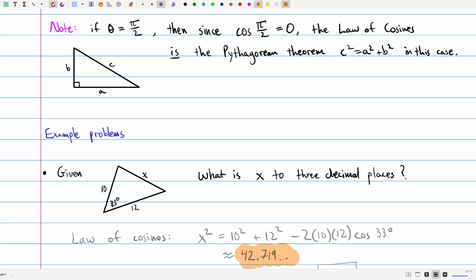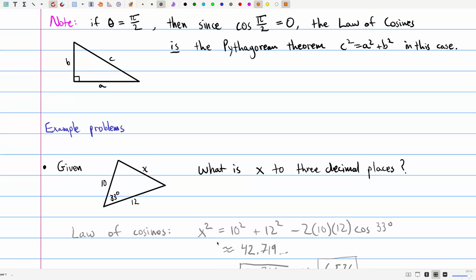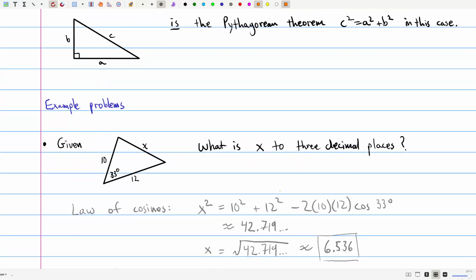It turns out that if you have a 33-degree angle with 10 and 12 as the two side lengths, then the opposite side squared, remember it's still squared, has a length of 42.719. So what do we do to actually solve for x? Well, we take the square root. And in this case, notice that there's not a plus or minus out in front, and that's because when we have side lengths, they're positive quantities, so we do not need to worry about the negative square root.